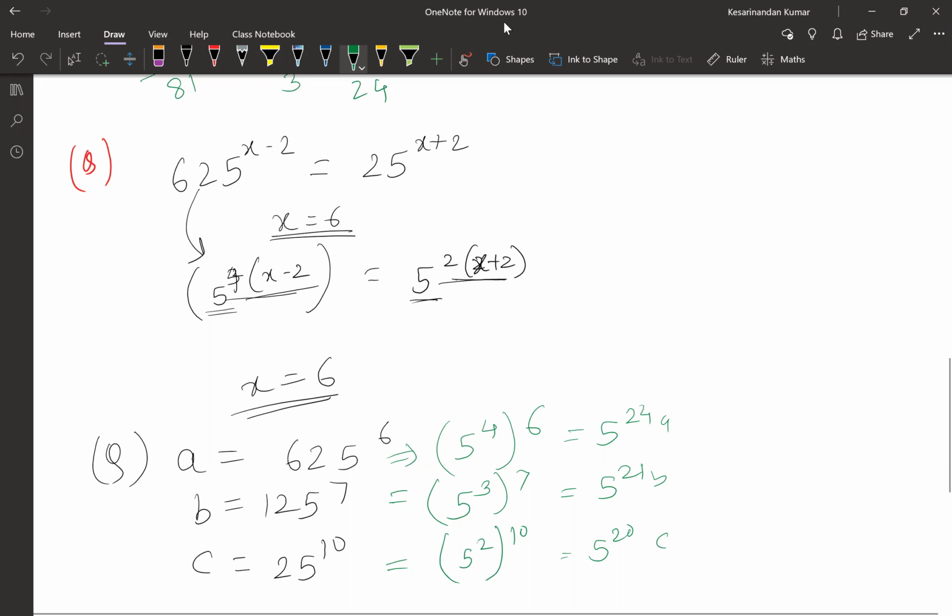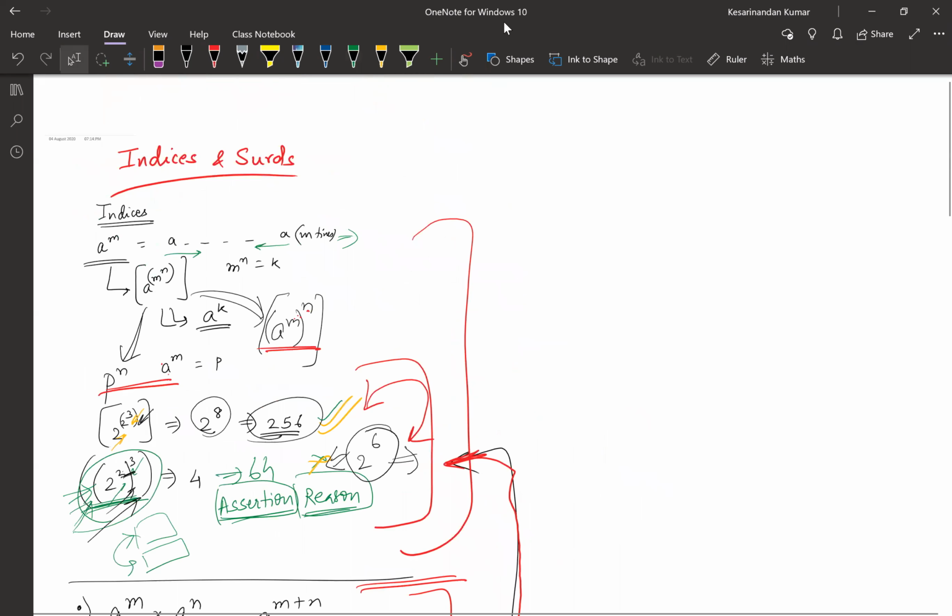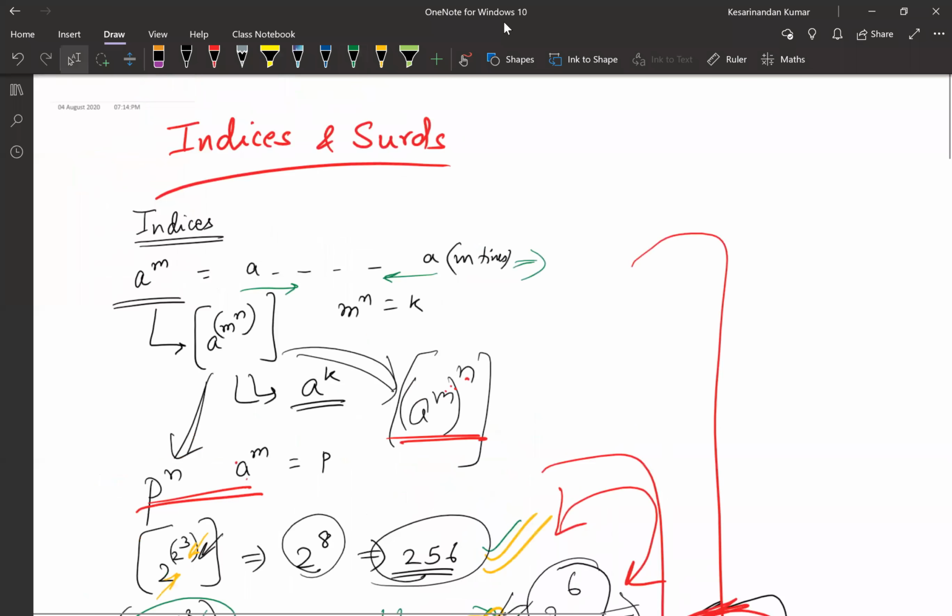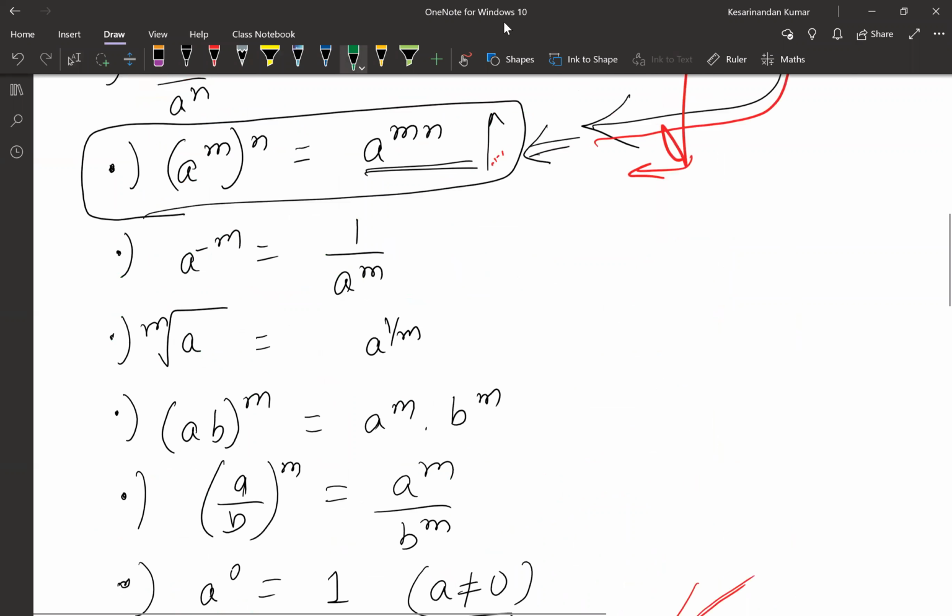Yes, Kesari. Okay. Guys, now let's move to the Surds part. That is this one. This part we have discussed. We'll discuss then, and then we'll solve some combined questions.